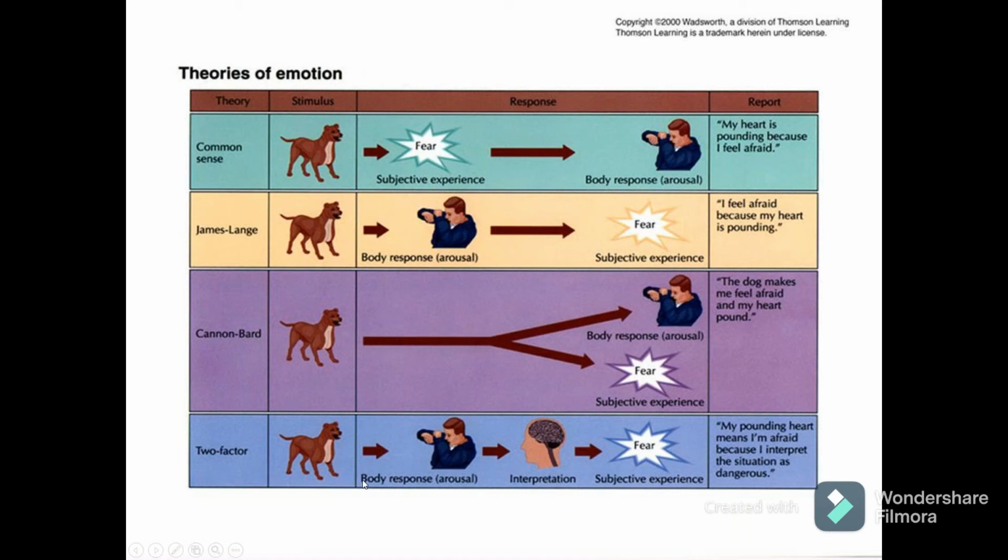As per this theory, the first response is a body response, that is the arousal. But instead of going directly to the emotion, there's an interpretation, and then there's fear. So now you report that my pounding heart means I am afraid because I interpret the situation as dangerous.